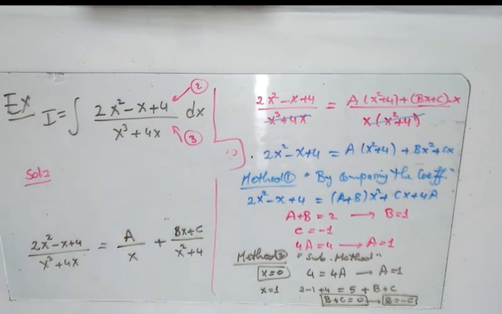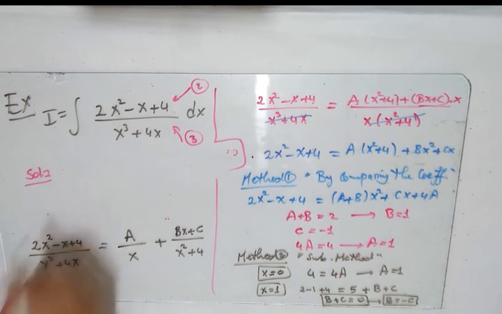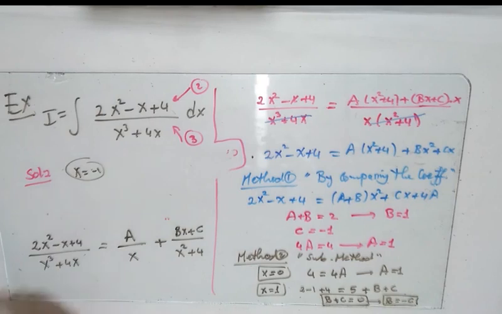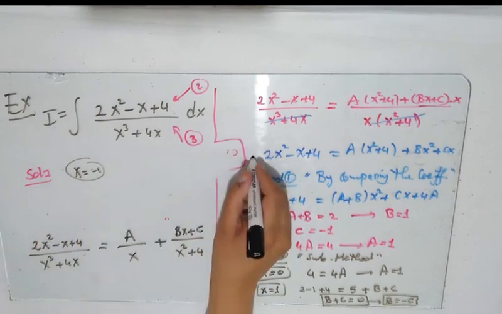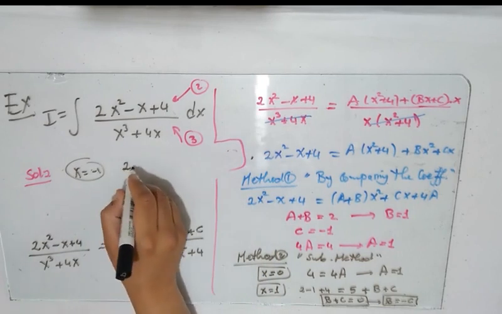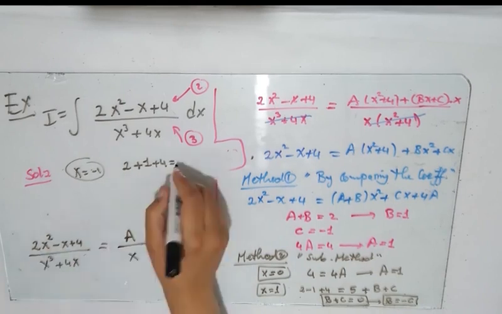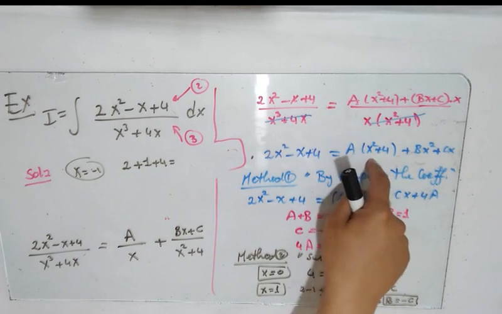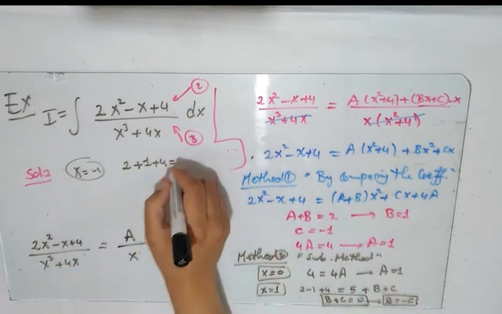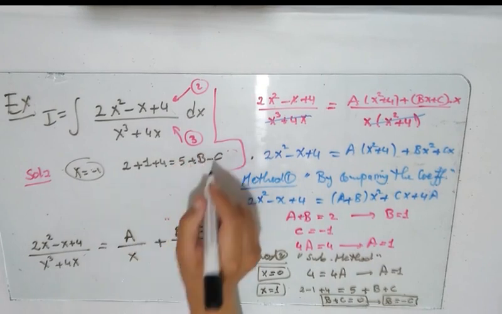If you choose x equals -1, what are you going to get? Again, we substitute in this equation, so you will get 2 plus 1 plus 4 equals 5a, and a is 1, so we will get 5 plus b minus c.